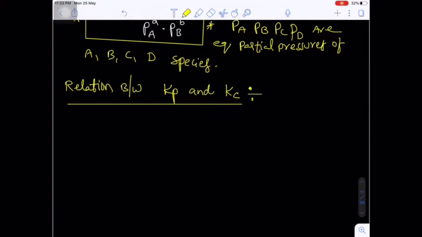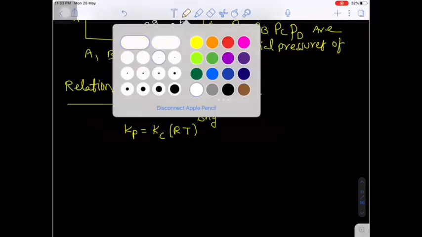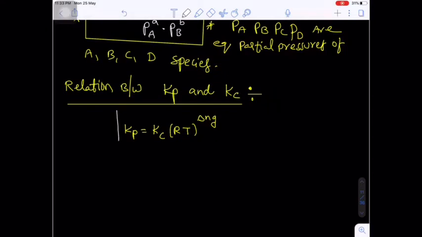So here Kp is the equilibrium constant in partial pressures, Kc is the equilibrium constant in molar concentration. Kp is equal to Kc multiplied by (RT) whole to the power delta Ng. So this is a very, very important relation between Kp and Kc.